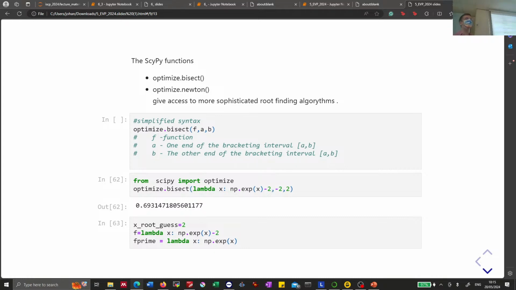So we must be clever. We must have a good guess where the root could be. So I could say, hey, f is x squared, and I suspect the root to be somewhere between minus 100 and plus 100. Will this work?